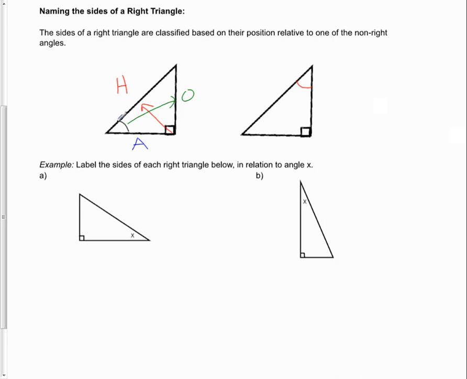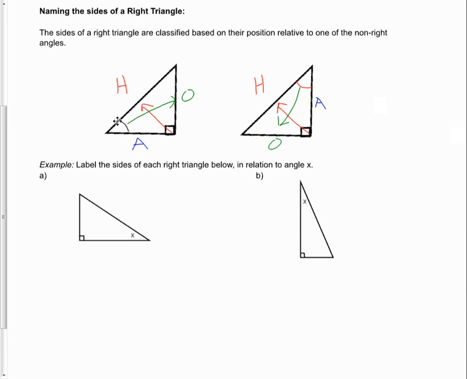Again, the side across from the right angle is always the hypotenuse. However, the opposite side is now down here, because the side across from the angle in question is our opposite side. In the triangle on the right, the opposite is on the bottom, and therefore the adjacent side is up at the top.